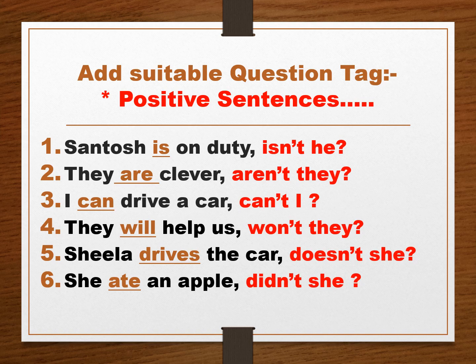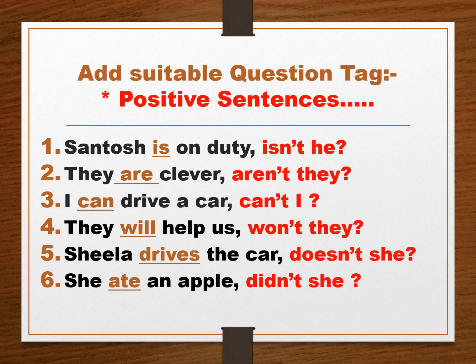Sheila drives the car. See, Sheila, that is third person singular. If we observe the tense, it is in present tense, that is drives. Drives is not the auxiliary verb. It is working as a main verb. So when there are no auxiliary verbs, what should we do?